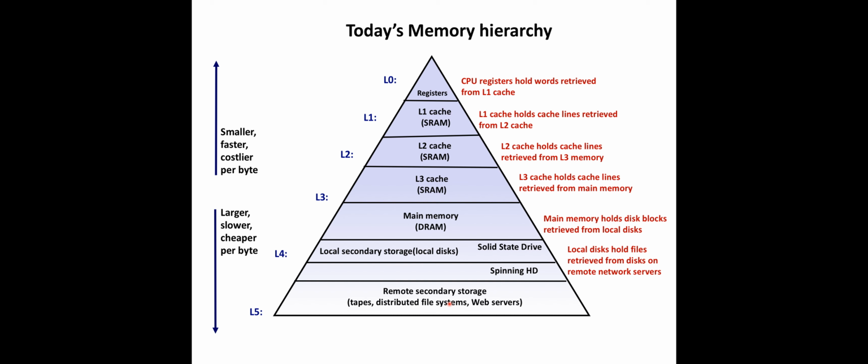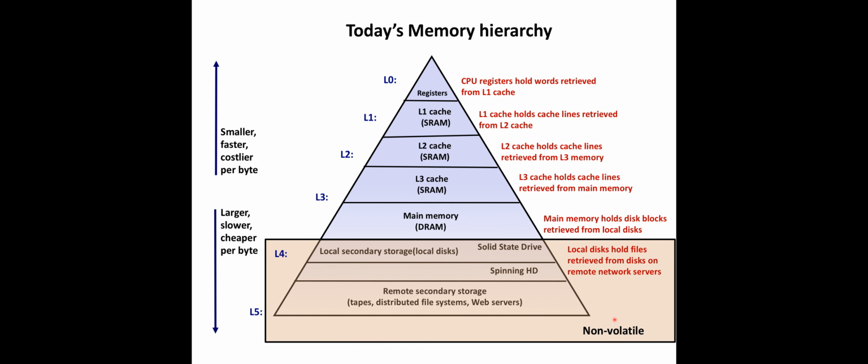And this is the basic hierarchy that I'm going to go over and talk about some of the elements within this hierarchy. And so what we have here down at the lower end of the hierarchy is what we consider our non-volatile memory. That means that the information that is stored on them is not lost. Now what we are showing here is at level 5 remote storage, so stuff out in the cloud somewhere where information is being stored.